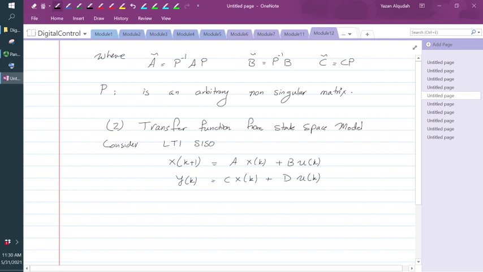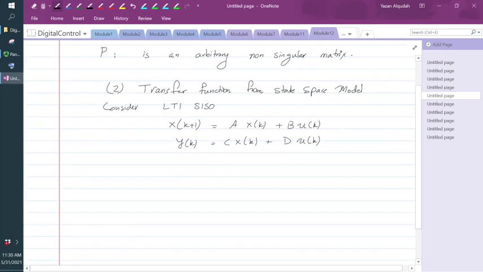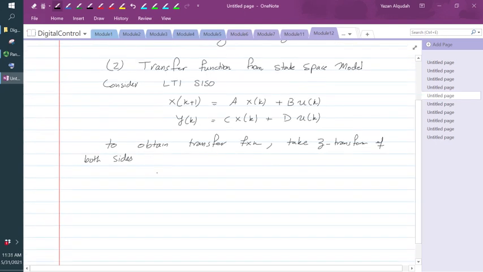To obtain the transfer function, I can take the z transform of both sides.